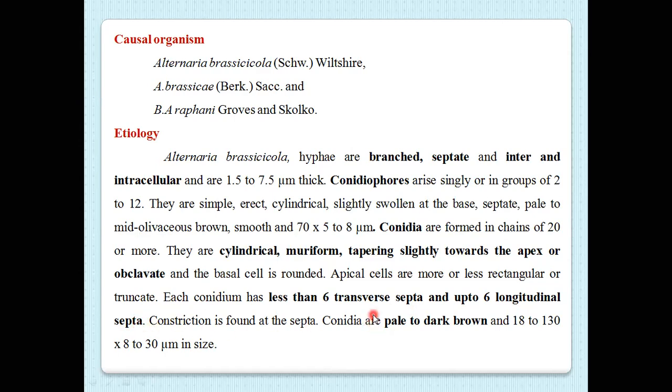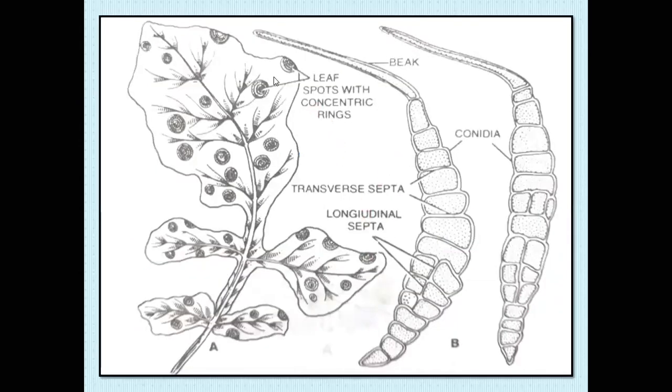You see these photographs of muriform conidia. This is the conidial cell and these are the transverse septa: 1, 2, 3, 4, 5, 6. This septum is known as a transverse septum, and a longitudinal septum means a vertical septum. Here we see 1, 2, 3.